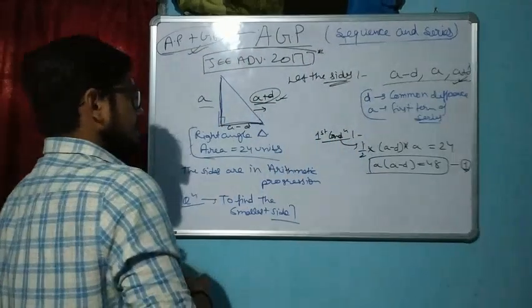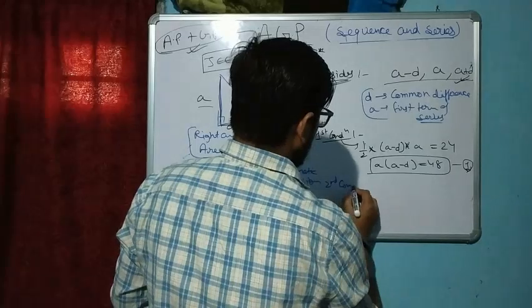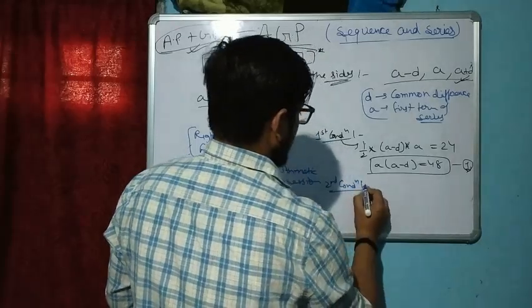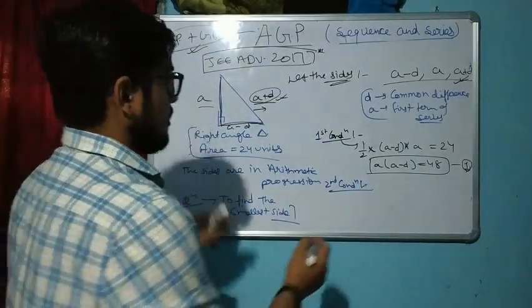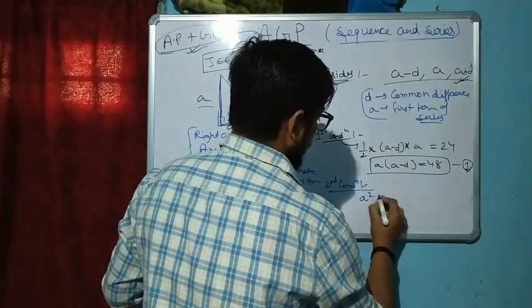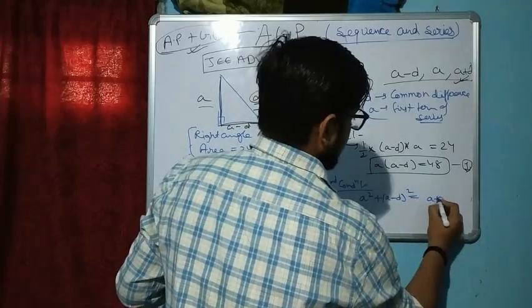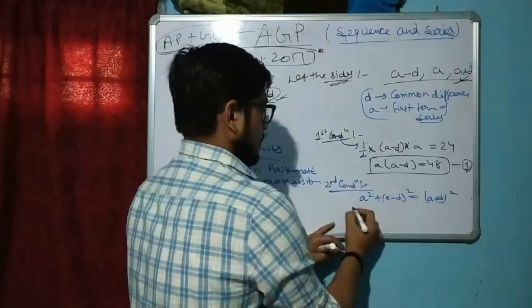Now the second condition is not mentioned, but we know that in a right angle triangle, applying Pythagoras theorem, we get a square plus a minus d whole square equals a plus d whole square.